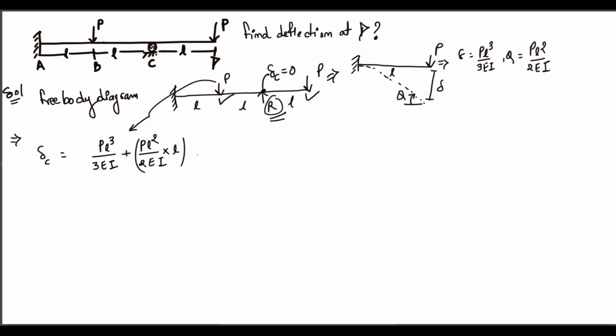Okay, then if I take the deflection due to this point D, it will be like this. There is a P here, point D, and we will need to determine at this point. So the deflection will be like this.